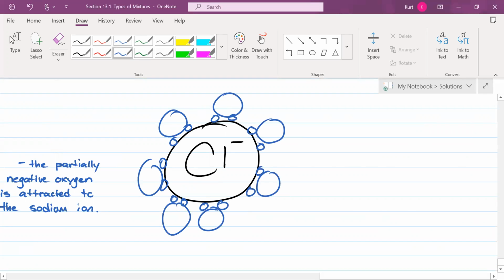Kayla, why are those water molecules attracted to the chlorine? Let me rephrase that. Why is the hydrogen atom side of the water molecules attracted to the negatively charged chloride ion? What is positive? And what is negative? Good.